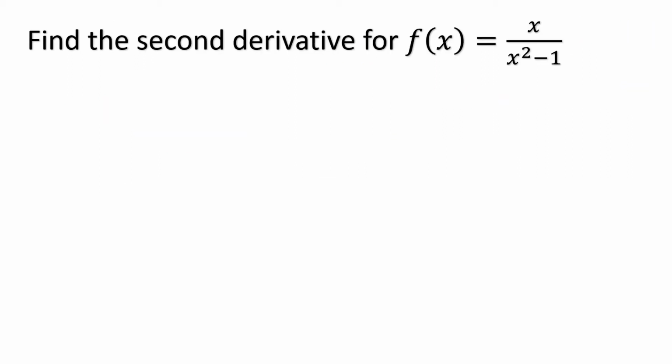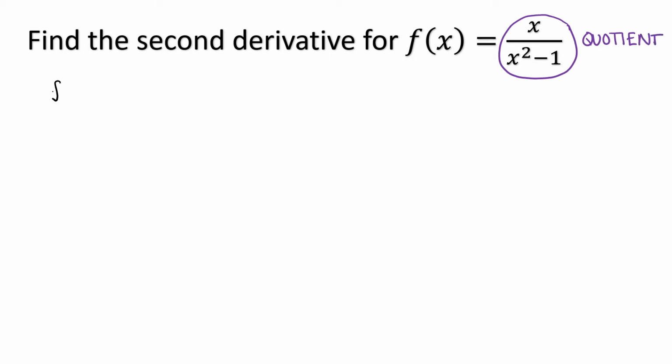Find the second derivative for f of x is equal to x over x squared minus 1. So in order to find the second derivative, we have to start by finding the first derivative. And to find the derivative of this function, we'll want to use quotient rule, because we have a quotient.